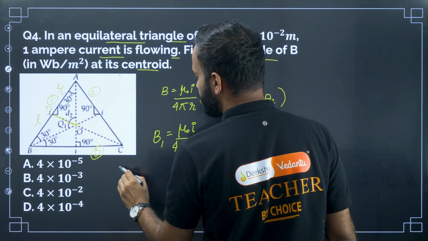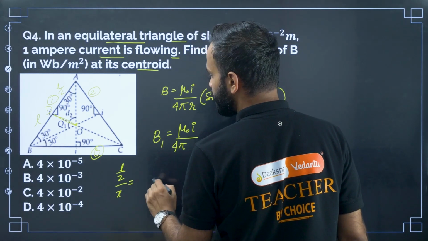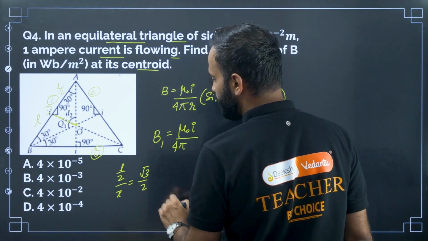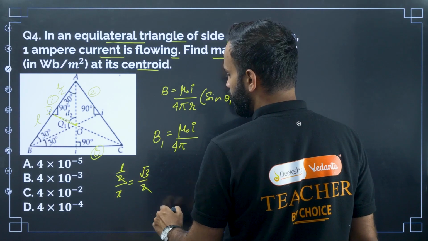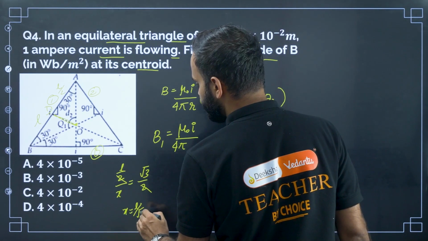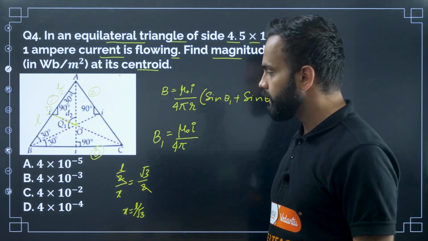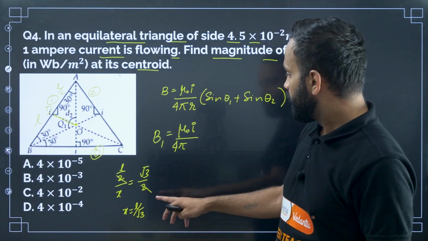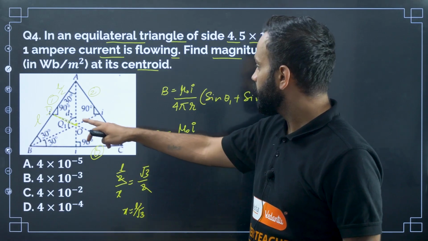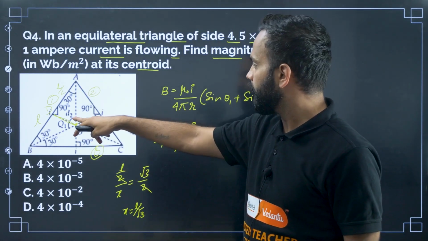L by 2 divided by x equal to cos 30 degree, that is root 3 by 2. So 1 by 2 will get cancelled, and x equal to L divided by root 3. So the hypotenuse is L by root 3.